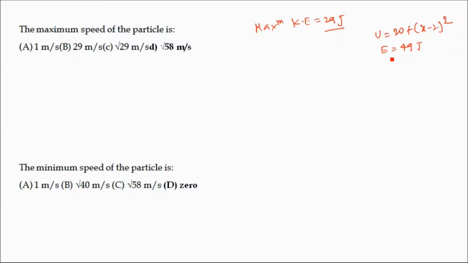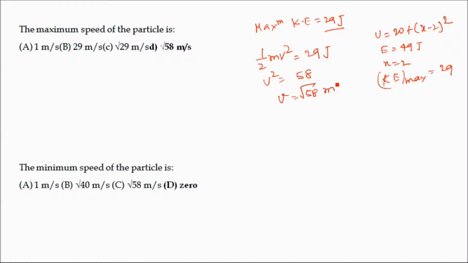So we get the maximum kinetic energy at x is equal to 2, KE max, equal to 29 joule. To calculate the maximum speed: half m v squared is equal to 29 joule, m is equal to 1, so we get v squared is equal to 58 and v is equal to square root 58 meter per second. So the maximum speed of the particle will be square root 58 meter per second.